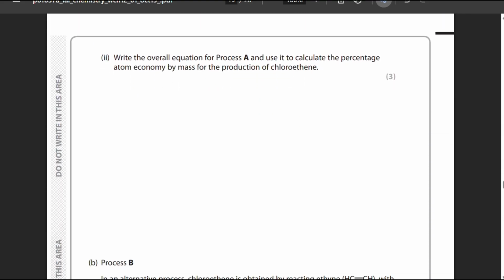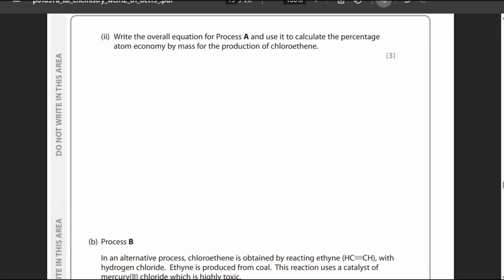Then write the overall equation for process A and use it to calculate the percentage atom economy by mass for the production of chloroethene. So when ethene reacts with chlorine, it will form chloroethane and hydrogen chloride.